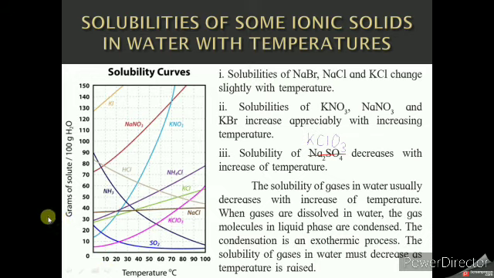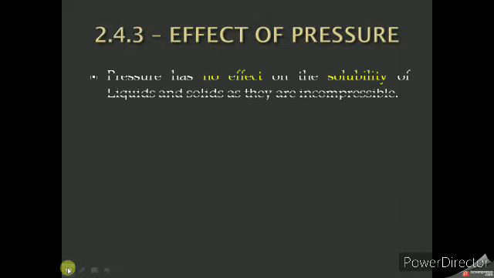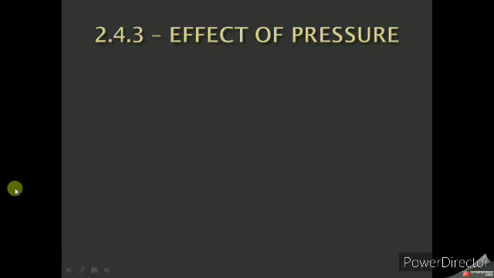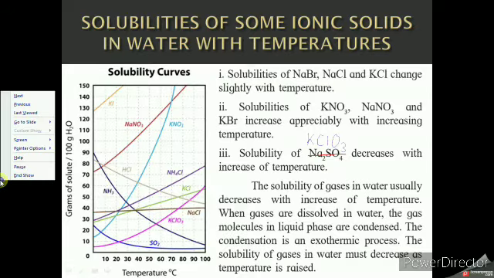So let us discuss the diagram, that is the graph of solute in grams and temperature in Celsius. That is also known as the solubility curve. For example, the solubility of NaCl, NaBr and KCl changes slightly with temperature.